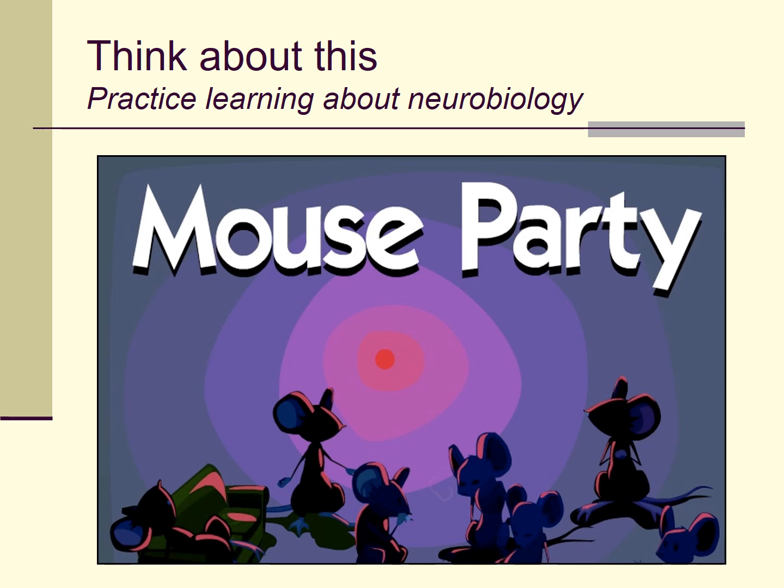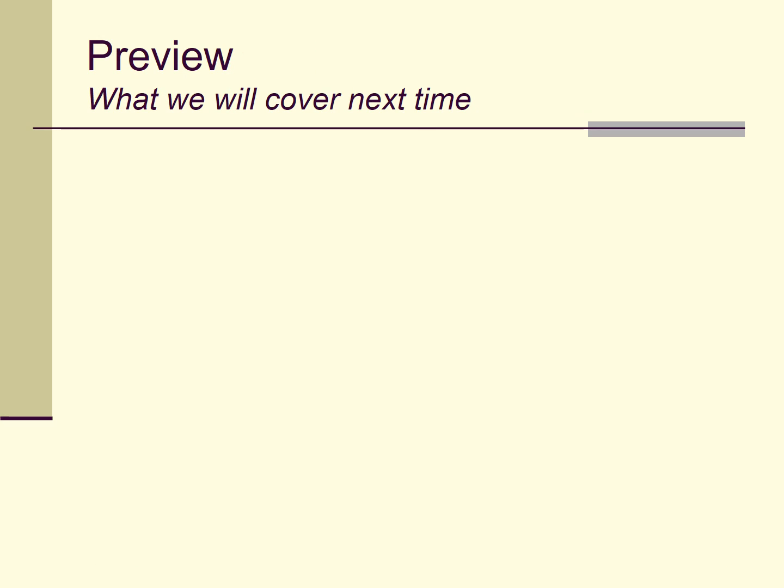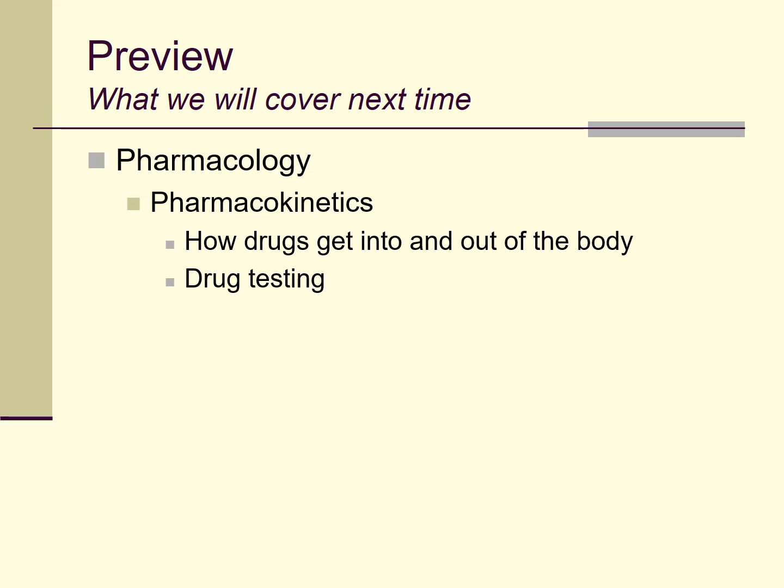And then once you're done, we'll get ready for our next lecture. As a preview, I'll be transitioning from talking about neurobiology and biochemistry to talking a little bit about pharmacology, specifically pharmacokinetics. That is, simply put, the study of how drugs get into and out of the body.